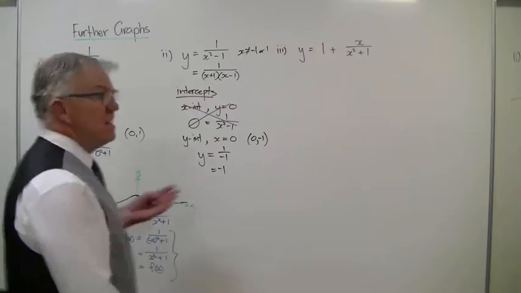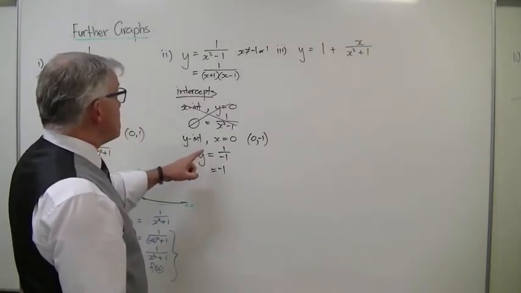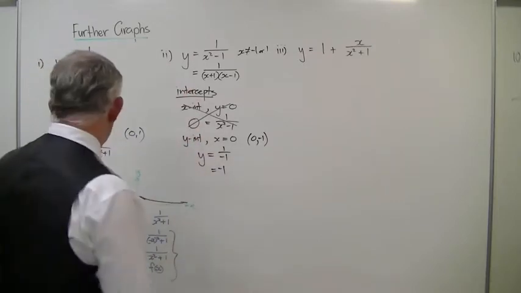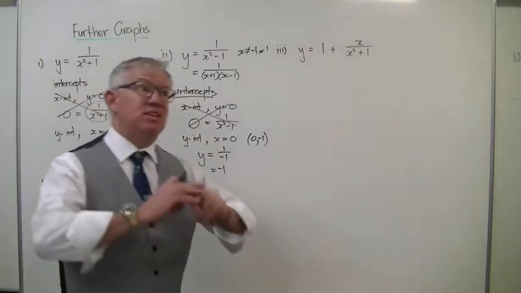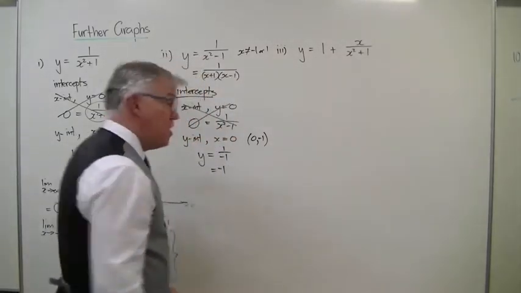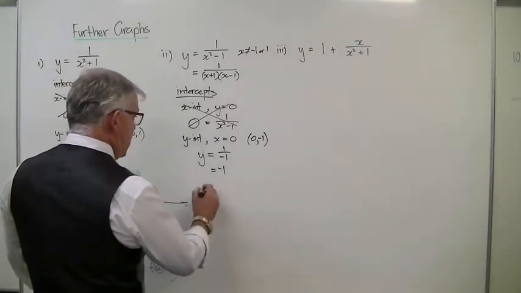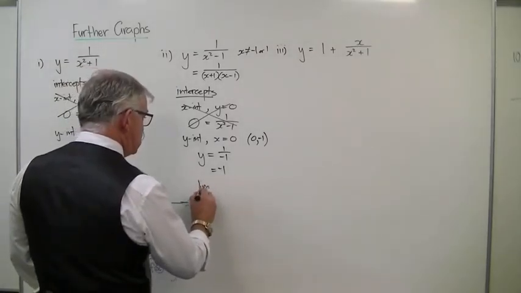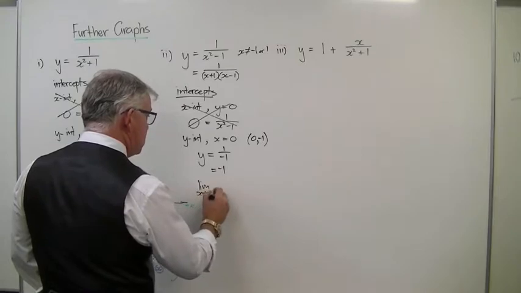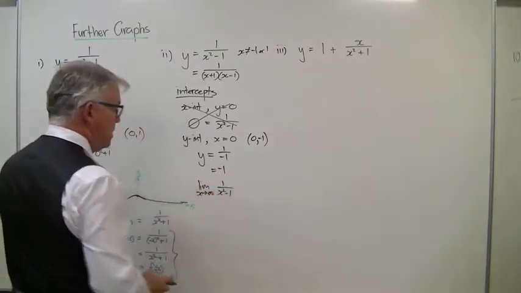Alright, now again, for this curve, we want to know what happens as it goes way out to positive infinity or way out to negative infinity. So we're going to have a look at those limits. The limit as x approaches positive infinity of 1 over x squared minus 1.